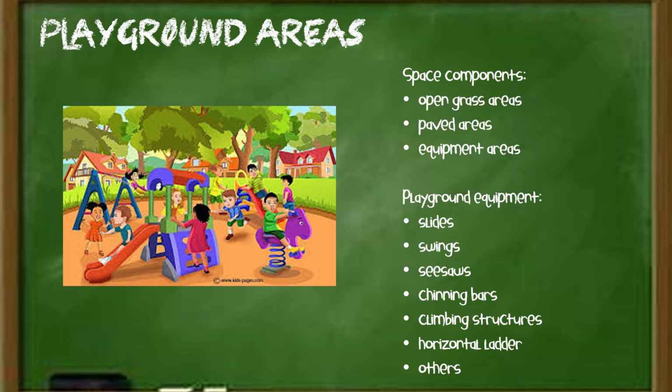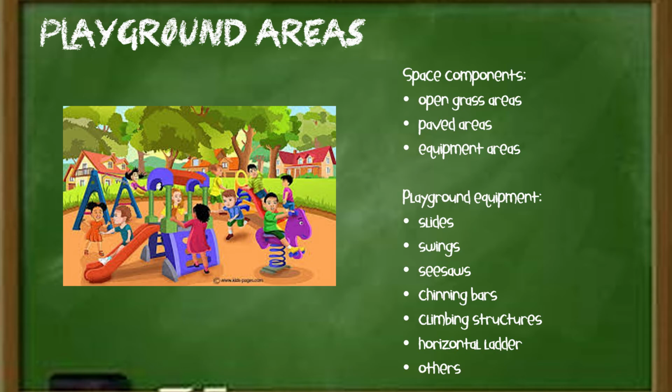Paved areas for court games, circle games, hopscotch or pico, dancing, and other games, as well as simple activities requiring marching. And 3. Equipment areas where the different types of playground apparatuses are provided for developing or improving muscular coordination.